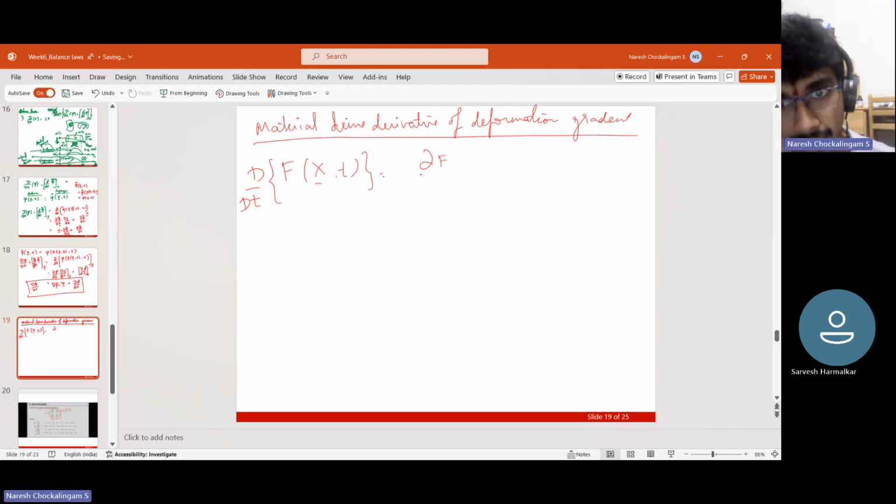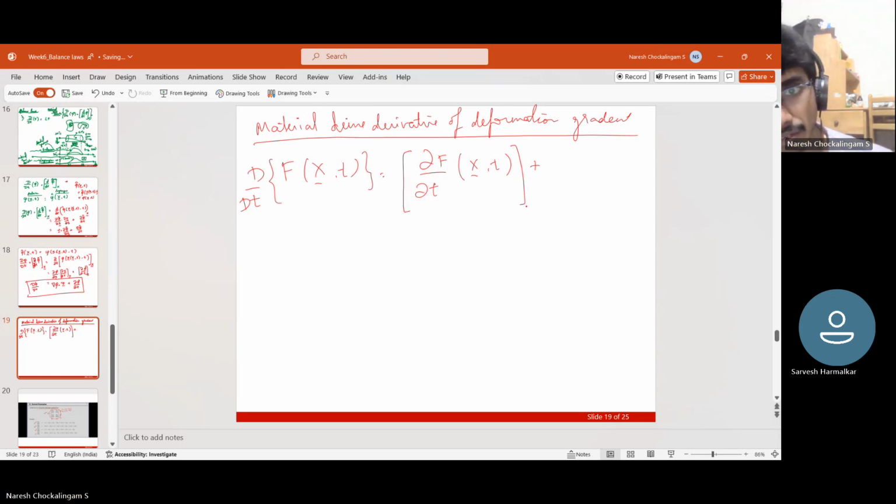It is nothing but the spatial derivative of F at a fixed x plus we have the velocity times, or rather use the index notation, Fij of x comma t.